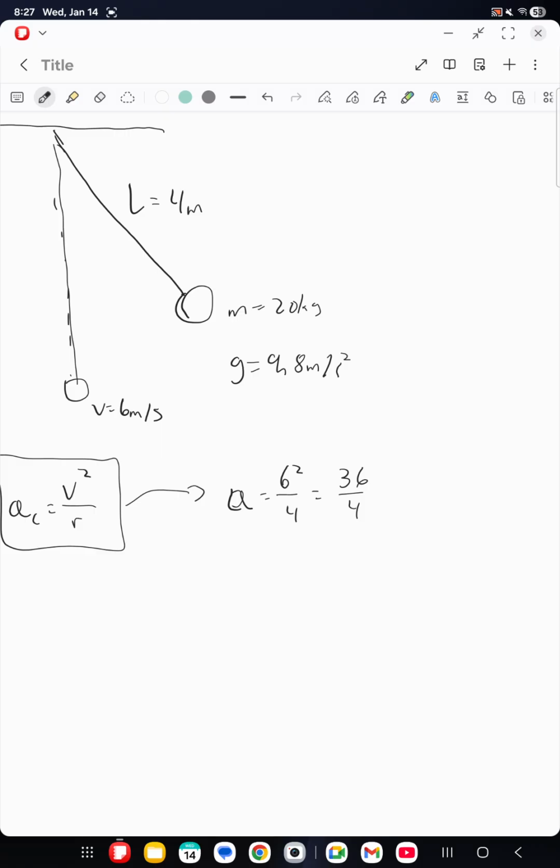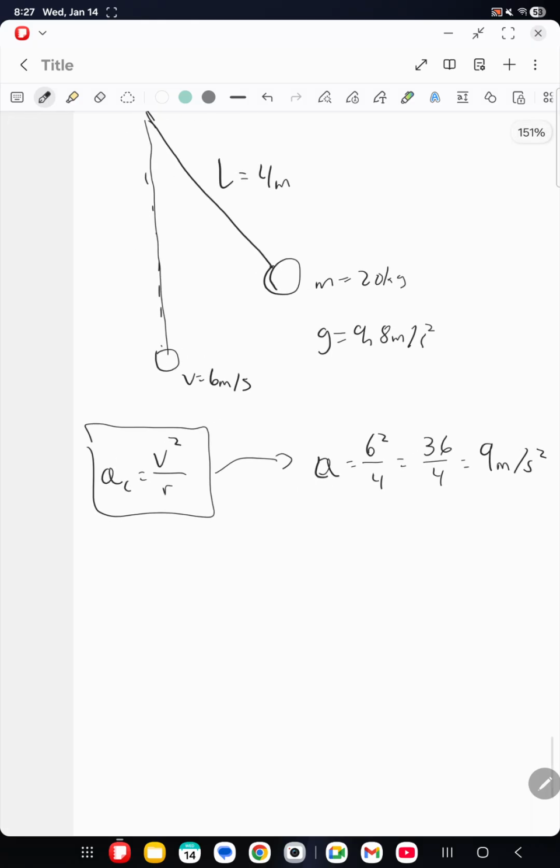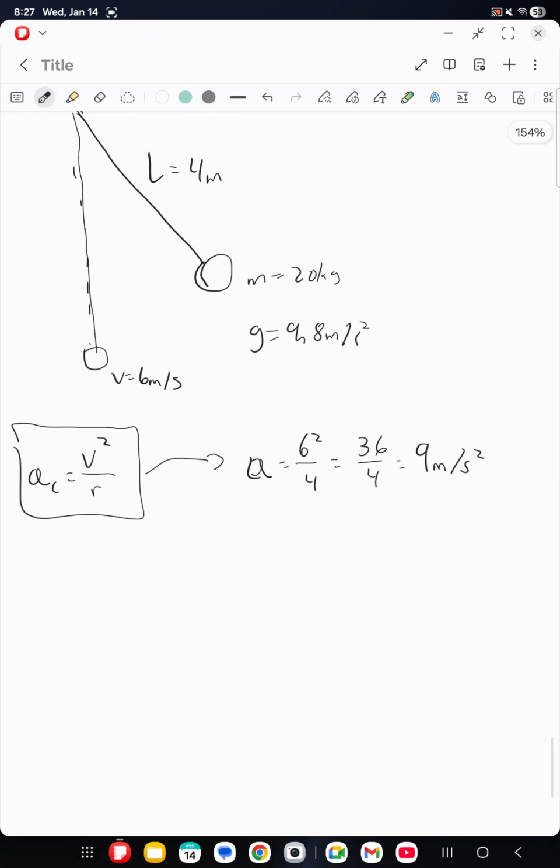And we will get 9 meters per second squared, which is very close to g. For the radial force balance along the rope direction, we can find the radial force.